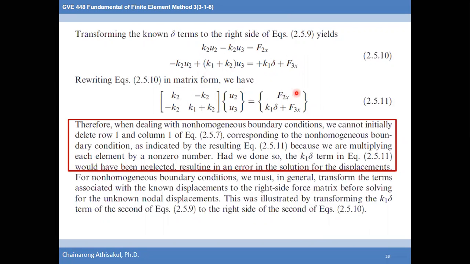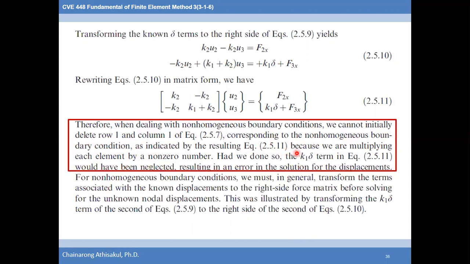And the force vector is not just F2 and F3 anymore, but it has the additional term K1 delta also. Therefore, when dealing with the non-homogeneous boundary condition, we cannot initially delete row 1 and column 1 of the equation corresponding to the non-homogeneous boundary condition.